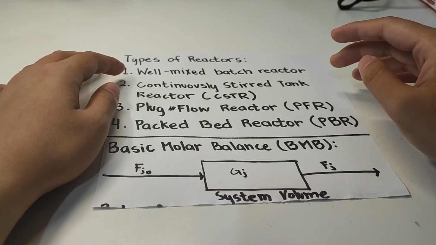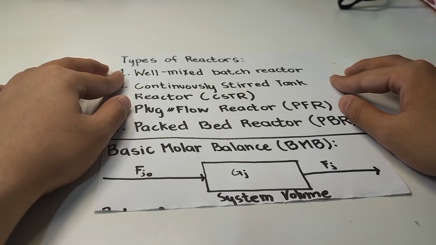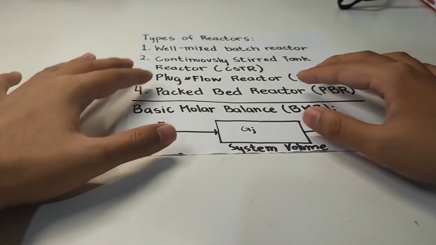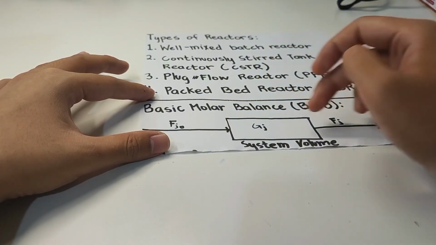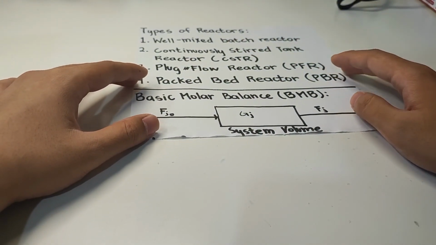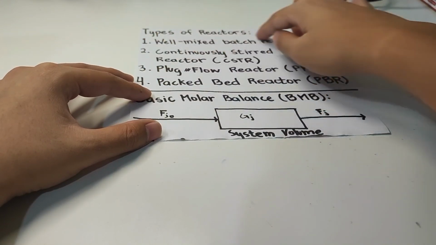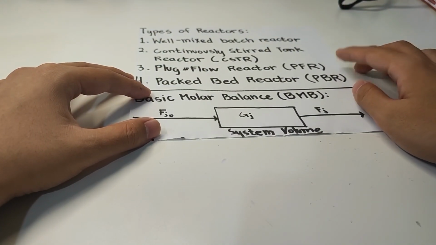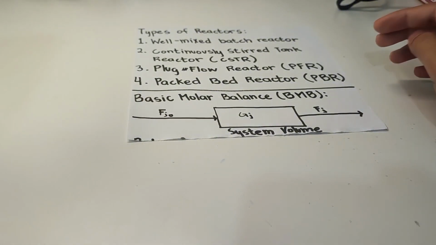And fourth, the packed bed reactor, or PBR. As you can see in this figure, now we're going to talk about the basic molar balance. We will have a more detailed discussion on these reactors in the following videos of this playlist.